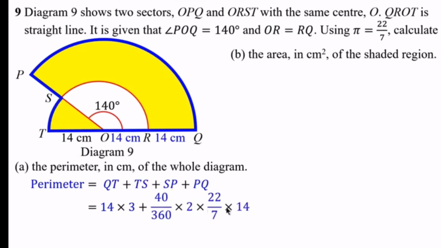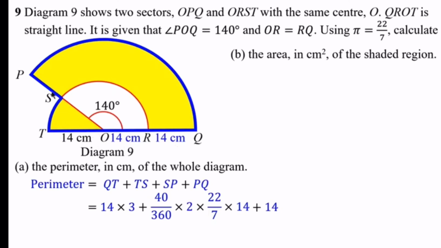For ST it is 40 over 360 times 2 times pi times the radius, and for SP, because O to Q is 28, then O to P is also 28, so OT is 14, then SP is 28 minus 14, so SP is 14, right?